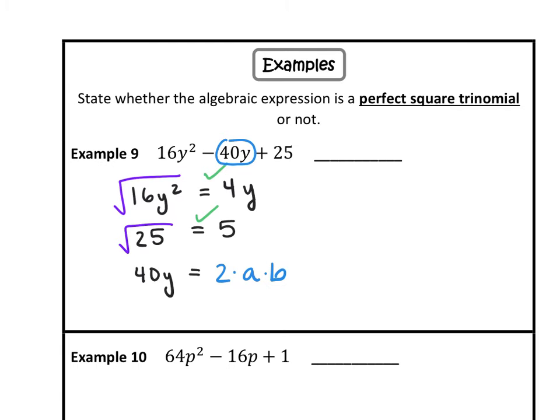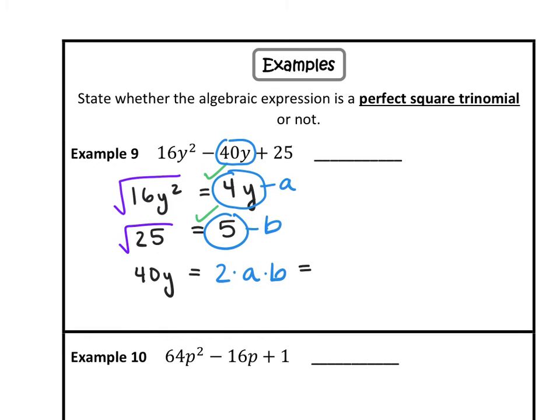Remember, in the difference of squares, we called this one a and this one b. You guys remember that? Yeah? So we're going to check that.